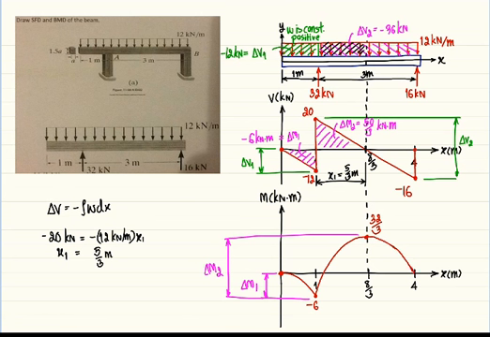And this value should return to 0. So this delta M3 should be equal to this area. And you can see that this area delta M3 can be found to be minus 32/3 kilonewton meters. So it returns to 0.